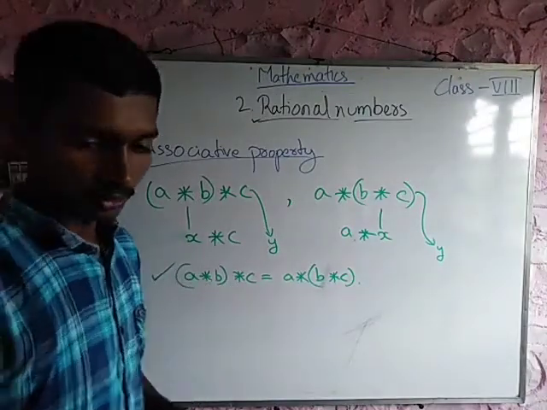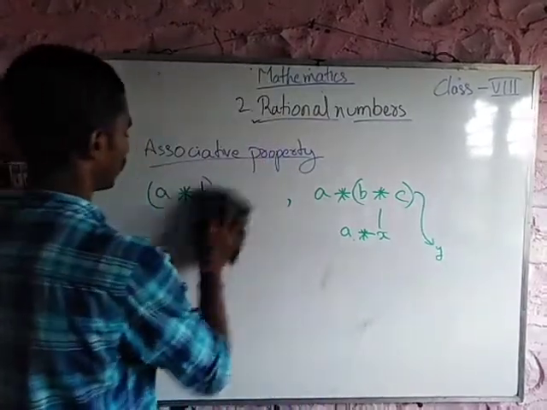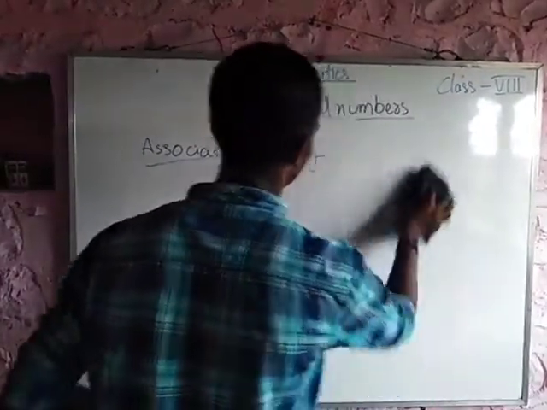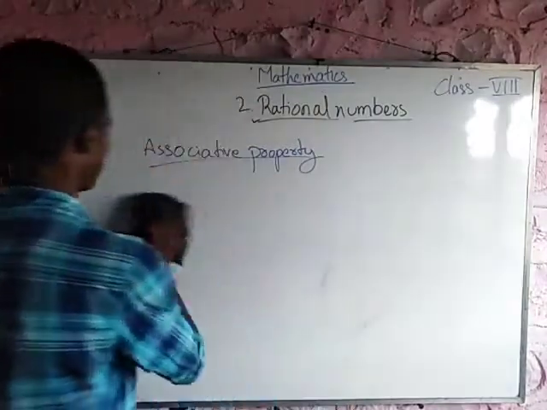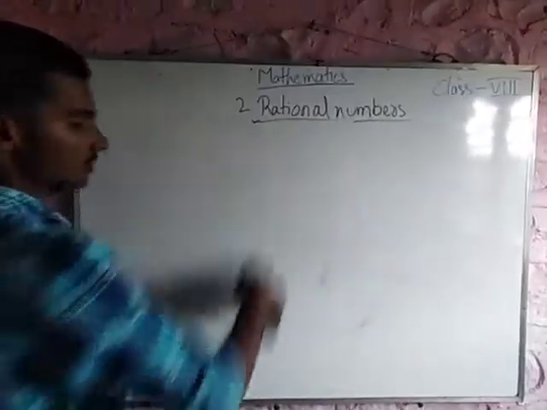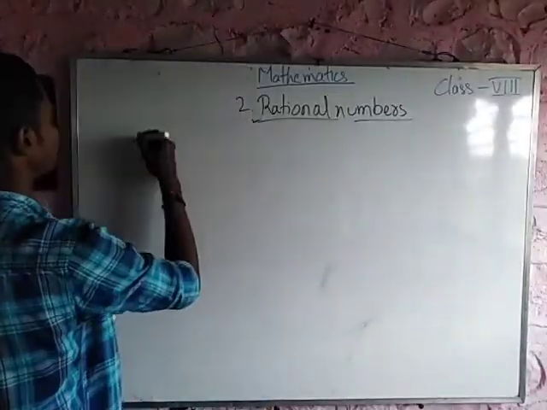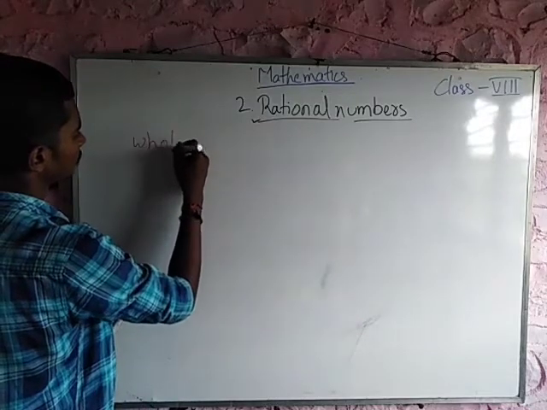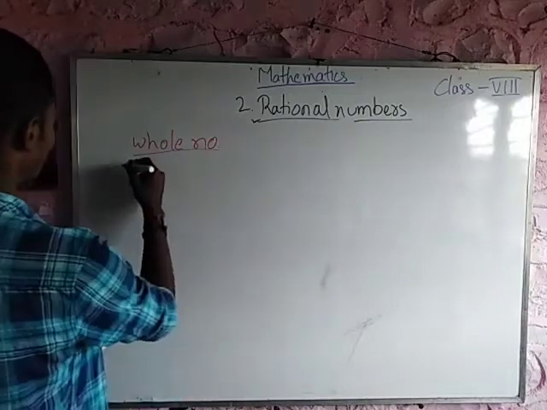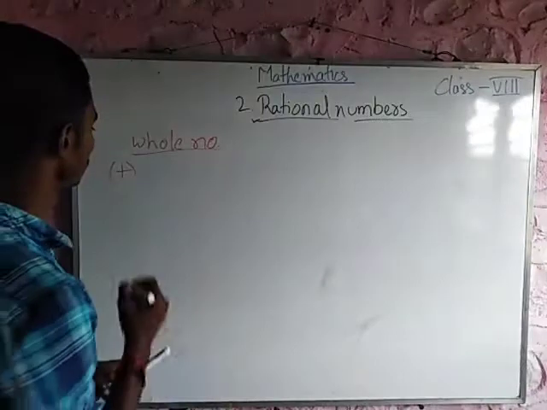Okay, now we will check associative property for whole numbers, integers and rational numbers. First we will take whole numbers, and the operation be addition. Let us check if whole numbers are associative under addition.